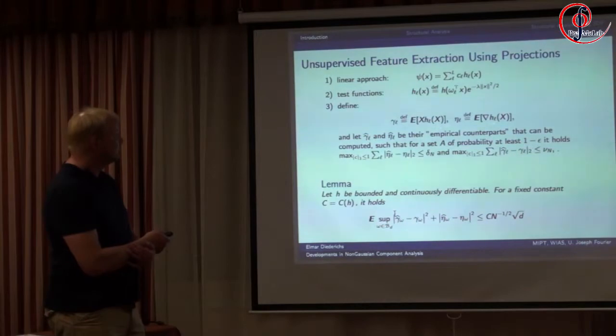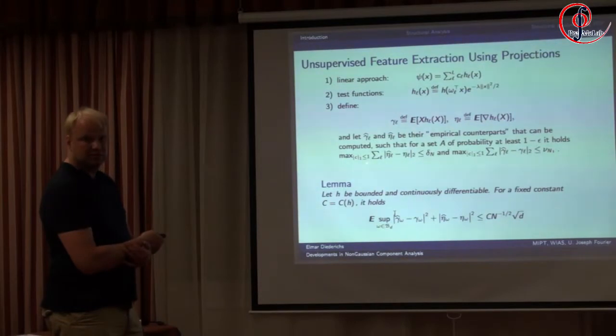You construct gamma L and eta L independently for each HL, and of course, if you combine them in a convex combination, you have an error bound that depends on C. So C is the vector of coefficients.